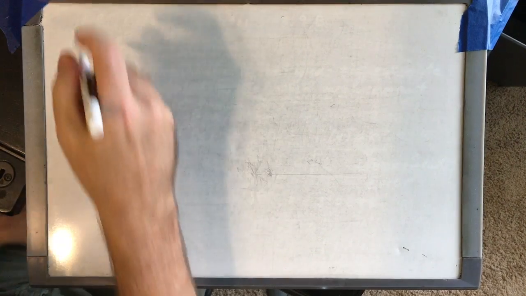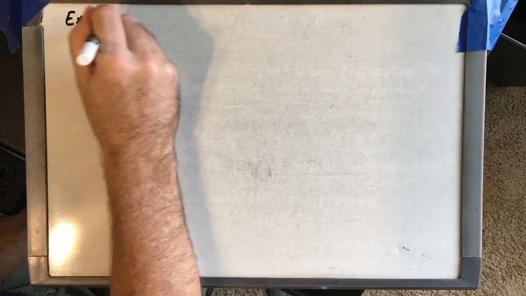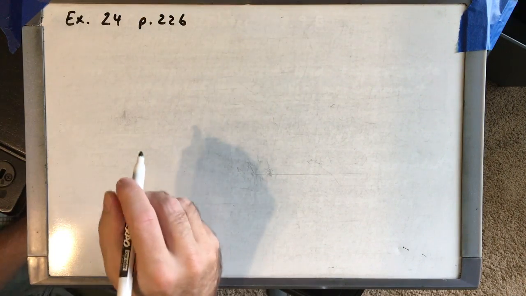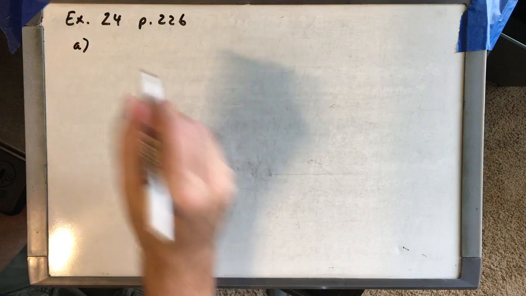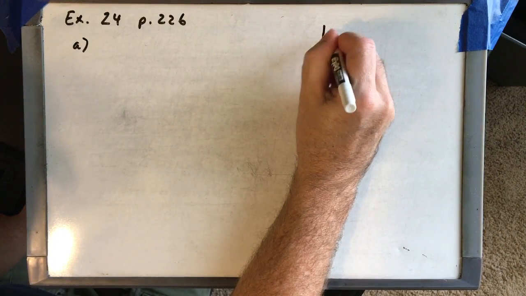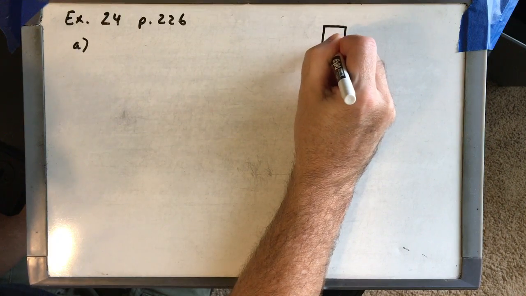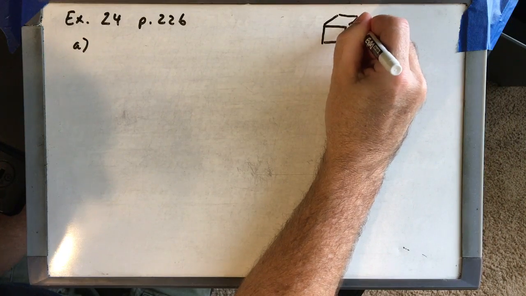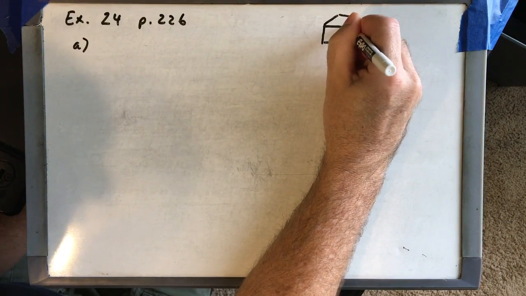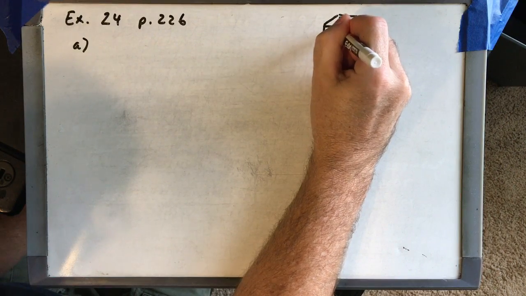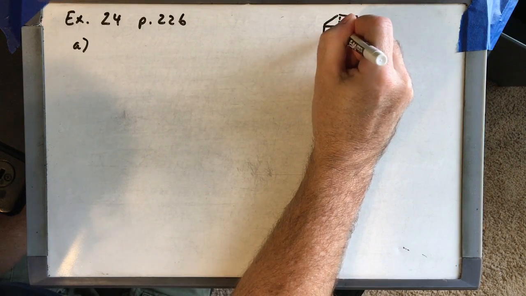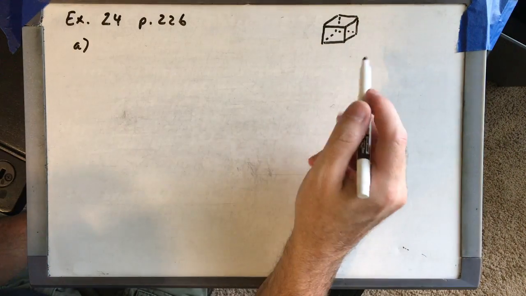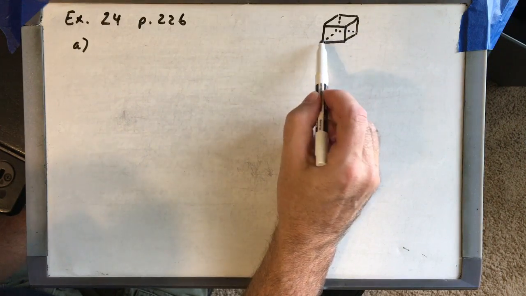So in your textbook, if you'll look at example 24 on page 226, it gives us a cube. So I'm just going to draw a sample cube here. All right. So one thing we know about a cube is that the length of every side is the same.